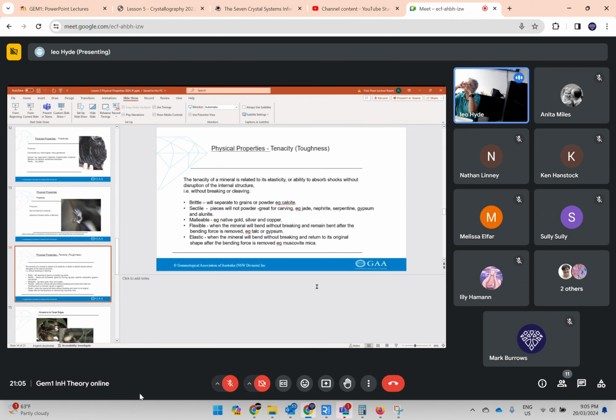Jade and nephrite, because they're all interlocking, are quite tough, so they can be carved quite easily, whereas it'd be a lot harder to carve something with crisp edges in an emerald, because we've got a different amount of tenacity.